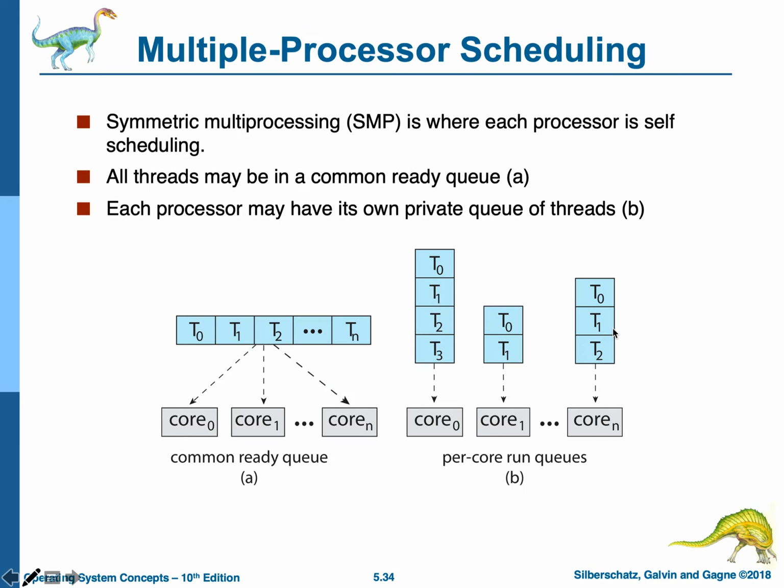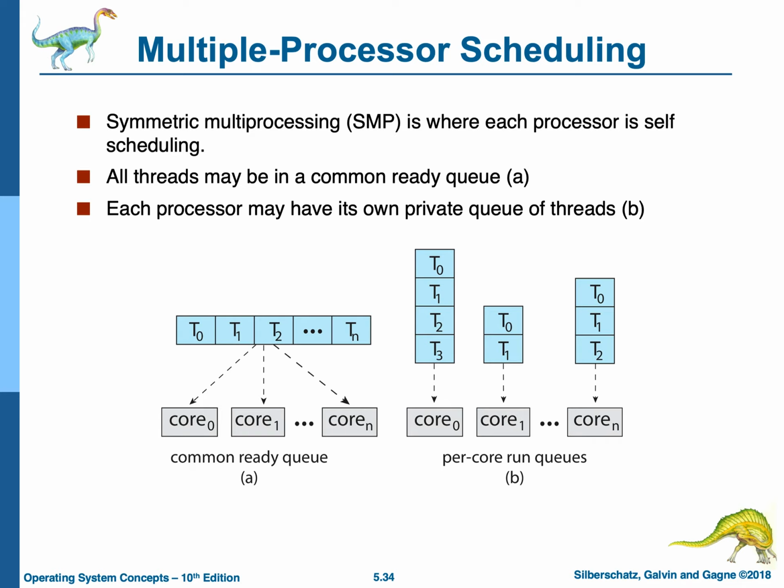Okay. So the first one is when we have multi-core systems. There are two things in multi-core systems: we have a common queue, and we have a specific queue. In the specific case, every core has its own queue.